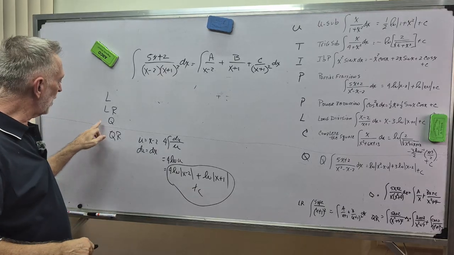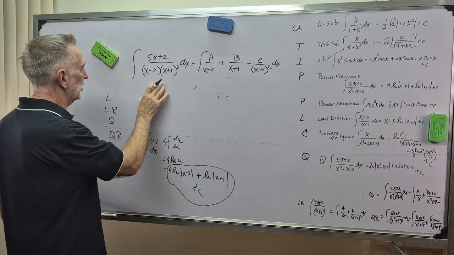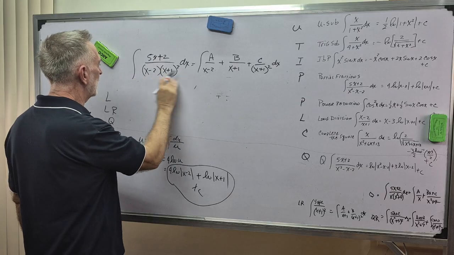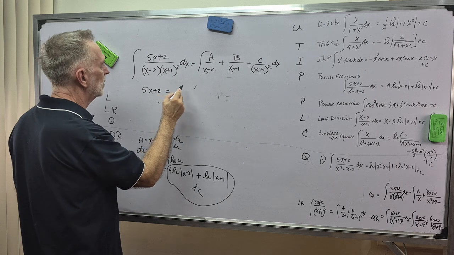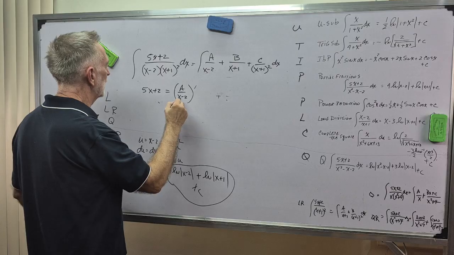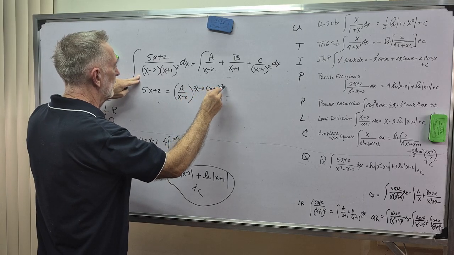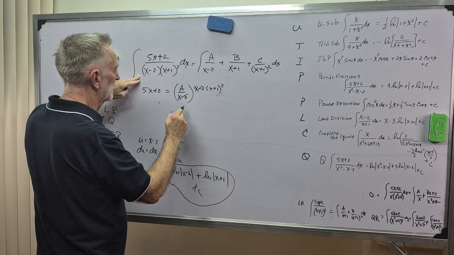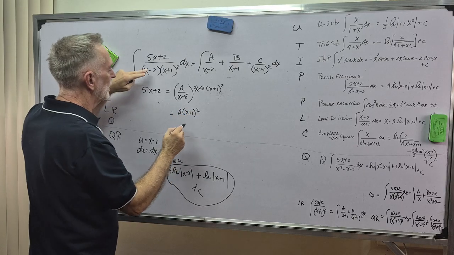What if it's quadratic? I mean, you guys understand what I just said, right? If I multiply this by x minus 2 times x plus 1 squared, they cancel on this side. So now I've got a over x minus 2, and I'm multiplying it by x minus 2 times x plus 1 squared. Well, the x minus 2 cancels, so this would give me a times x plus 1 squared.